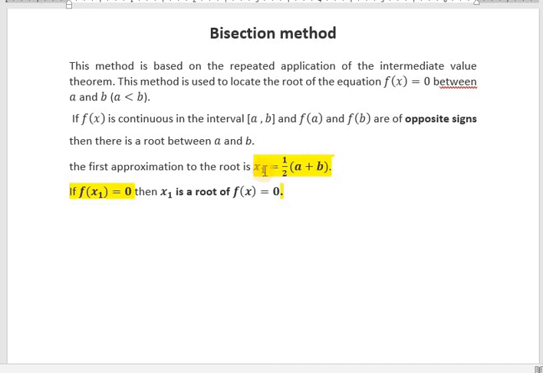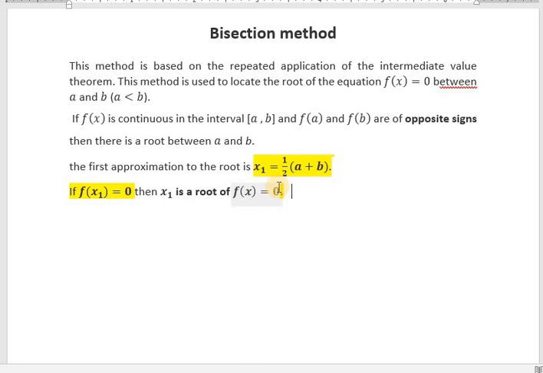See, the first approximation to the root is x1 = (1/2)(a + b), because if f(x) is continuous in the interval [a, b] and f(a) and f(b) are of opposite signs, then there is a root between a and b. If f(x1) is equal to 0, then x1 is the root of the equation f(x) = 0.